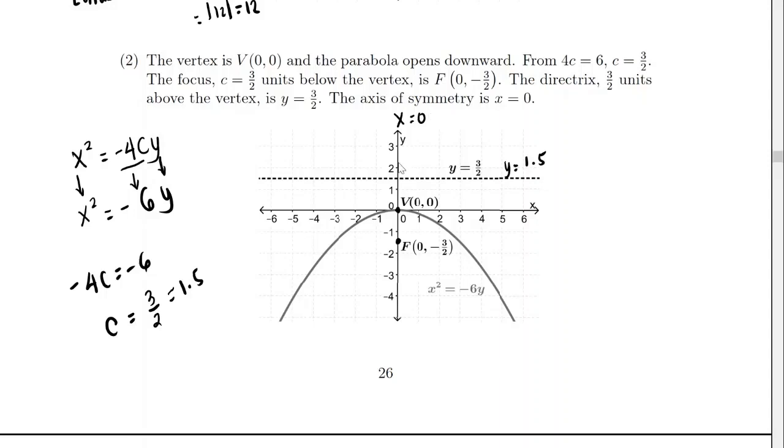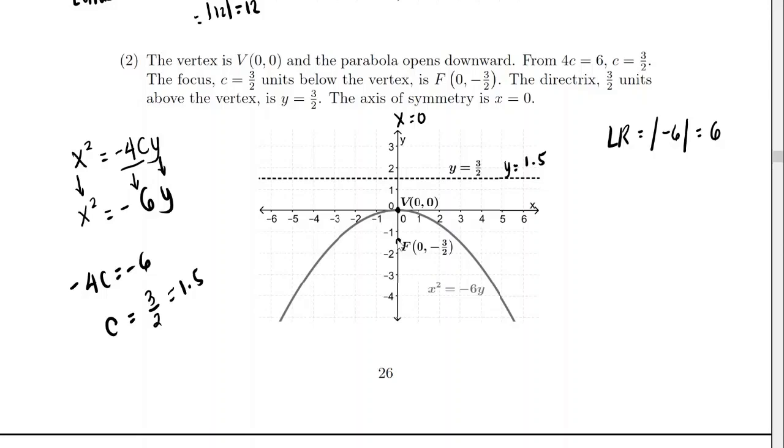Again, using the latus rectum, the latus rectum is equal to the absolute value of 4c. Here 4c is negative 6, and the absolute value of negative 6 is positive 6.